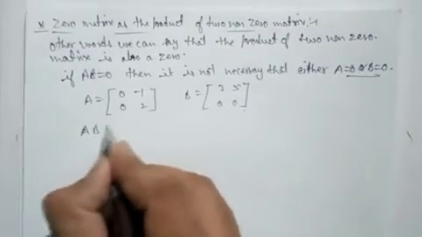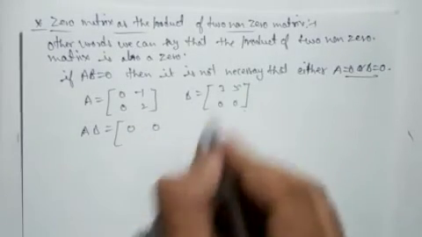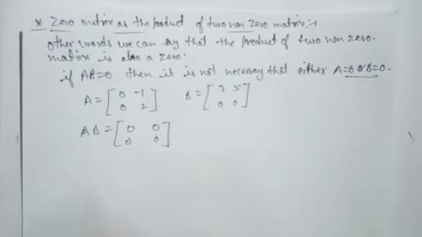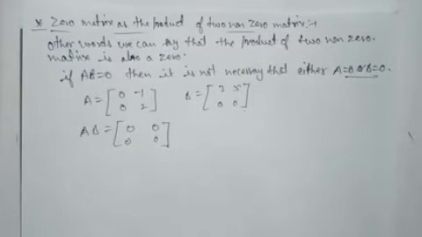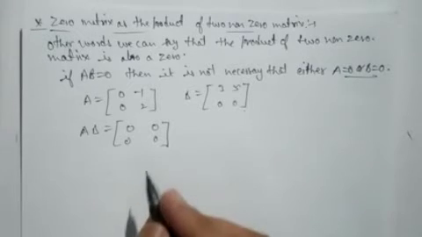So AB is first row first column 0, first row second column 0, second row first column 0, second row second column 0. From this we can say that the product of two non-zero matrices is also a zero matrix, or if the product of two matrices is zero, then it is not necessary that any one of the matrices is zero.